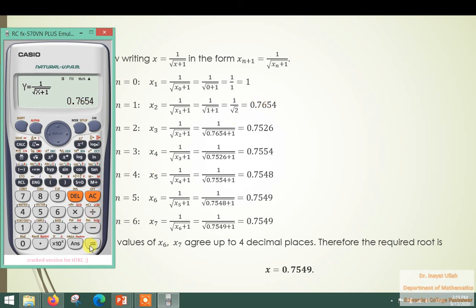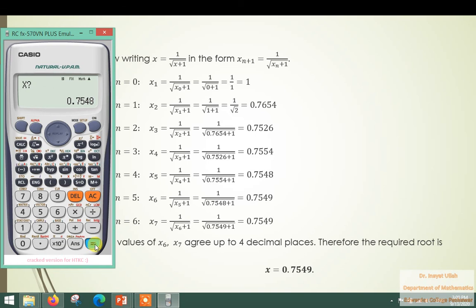Now again press equal sign and Ans. You'll get 0.7526. Again equal, Ans, equal: 0.7554. Again: 0.7548. Then again: 0.7549.